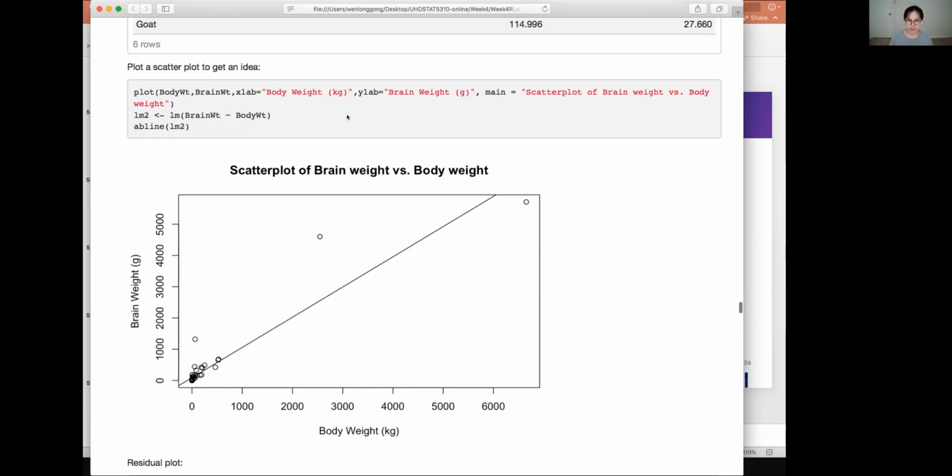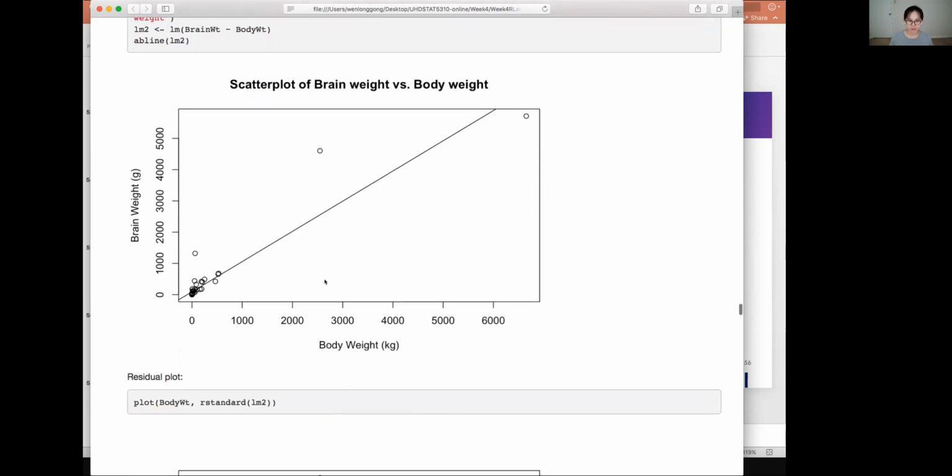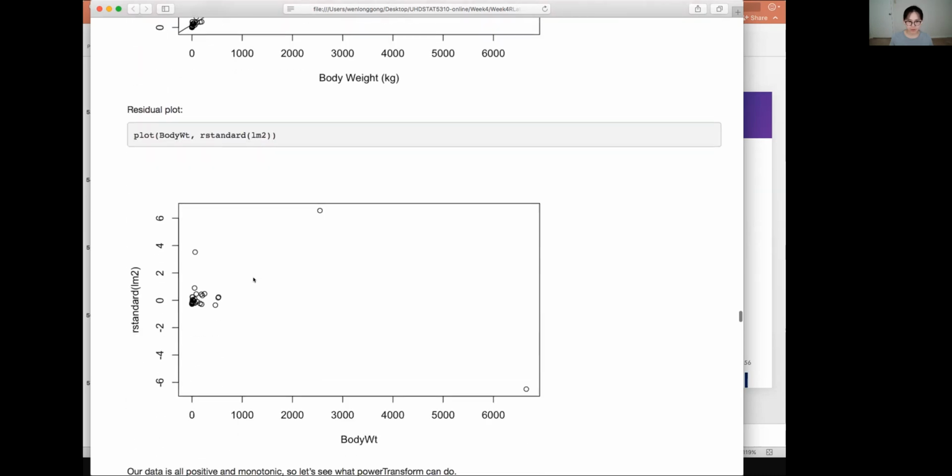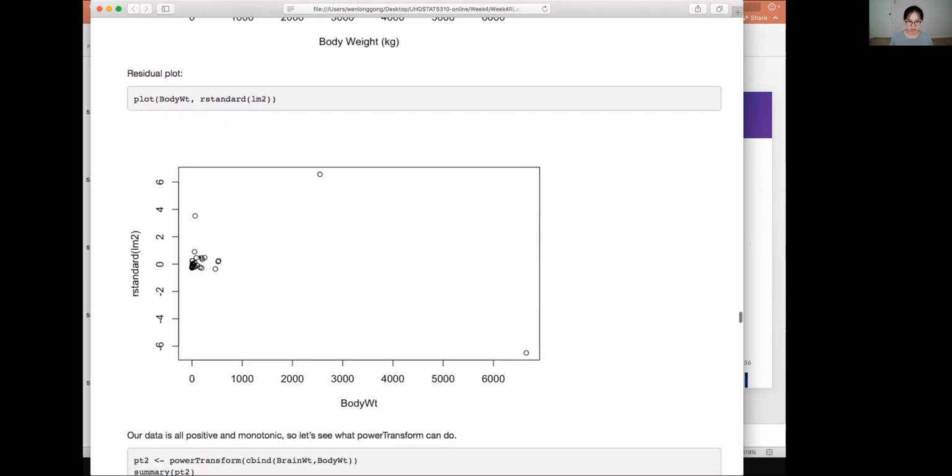This is how we do it, labeling X and Y. The regression line is not that good. The residual plot is like this. Apparently, it doesn't have stable variance.